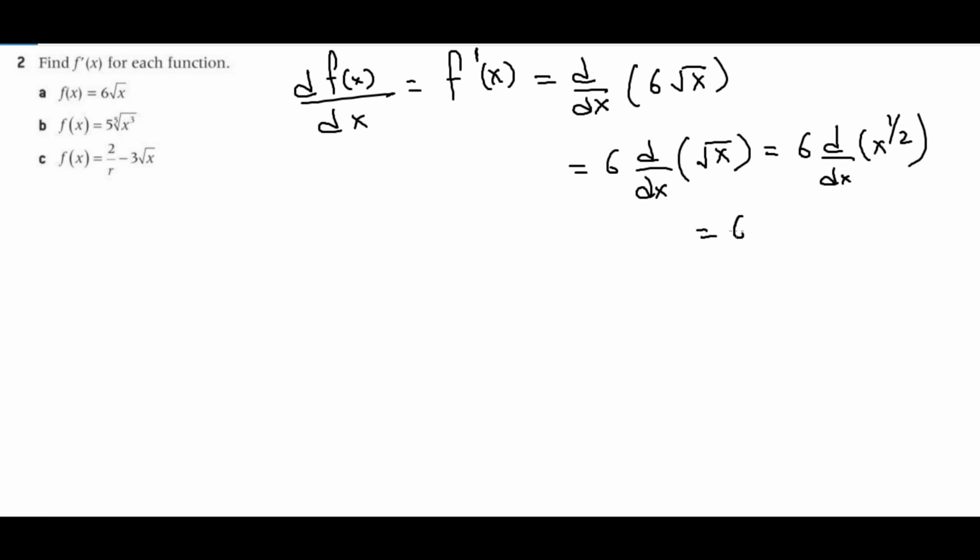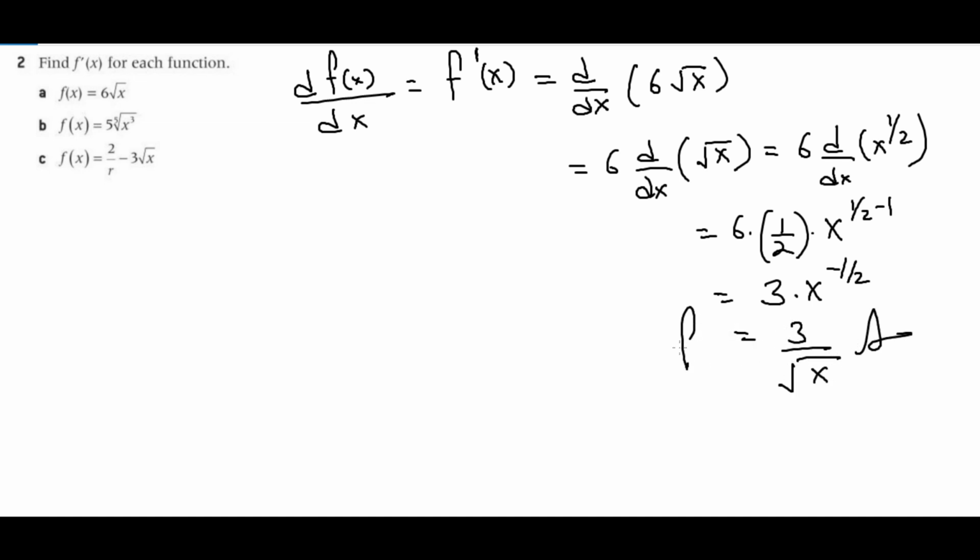Then this 1 by 2 can be taken as n, and x to the power 1 by 2 minus 1. So it is 3 times x to the power negative half, and negative half can be written as 3 by square root of x.